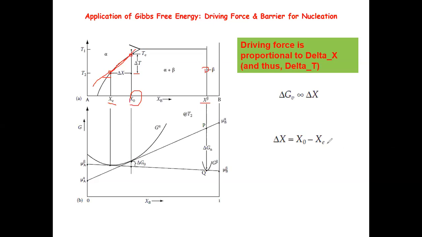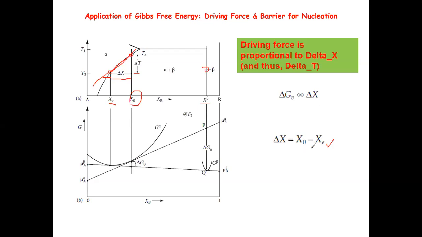This is my delta X, found here. At small supercooling, if we can approximate this solidus as a straight line, we can clearly see that delta X is linearly proportional to delta T. That is a very important relation. We know that delta G_V is proportional to delta T, and because delta T is linearly proportional to delta X, that gives us that delta G_V is proportional to delta X.